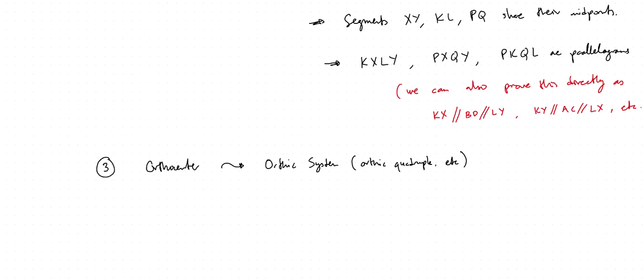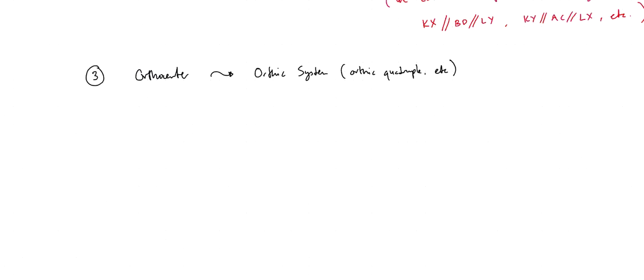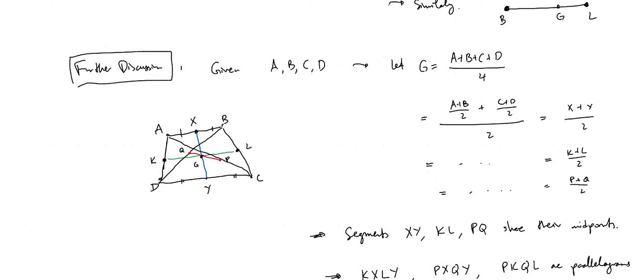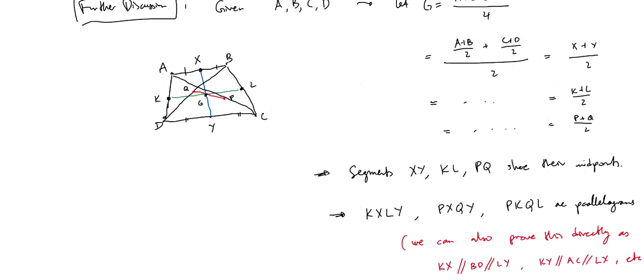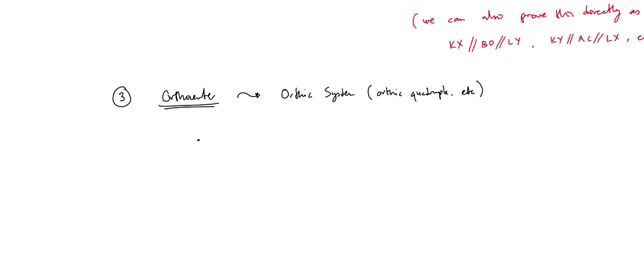I'm going to come down to what this is. First, let's talk about the orthocenter. We know what the orthocenter is. So this will be the second thing that I will discuss after discussing the orthocenter.